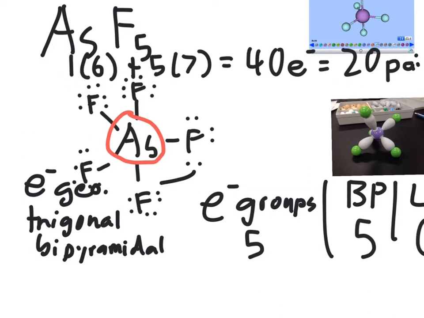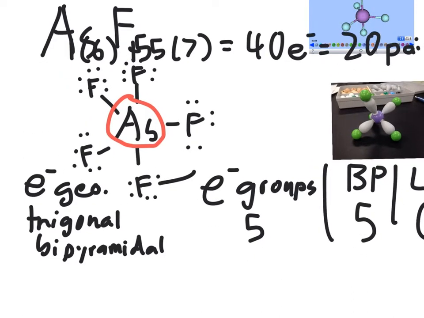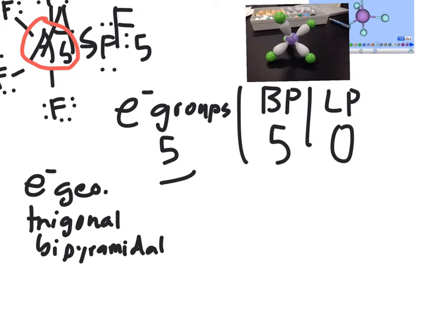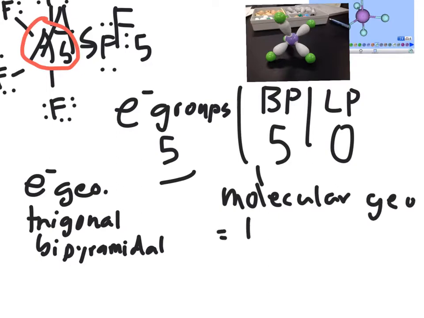Let me show you. There's no repulsion because, like I said, there are no lone pairs. We know that the molecular geometry, or molecular geo, is the same as trigonal bipyramidal.